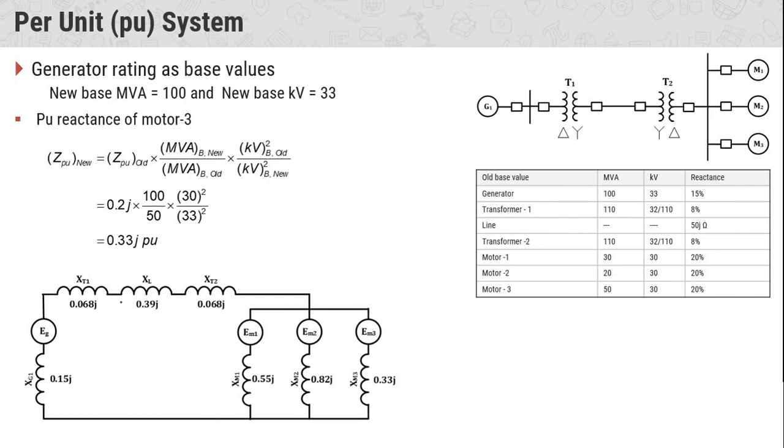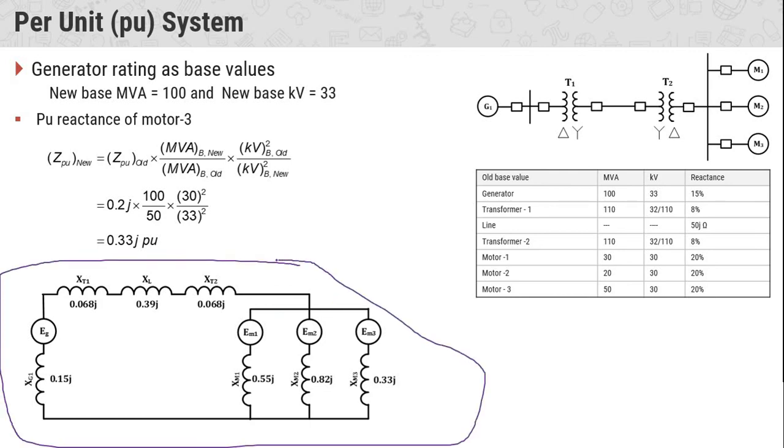The transmission line is also represented as a single reactance. This is transformer 2, and then all three motors are represented as a single motor with a series reactance with all its PU values, and finally you have to draw this single line diagram of the given question.